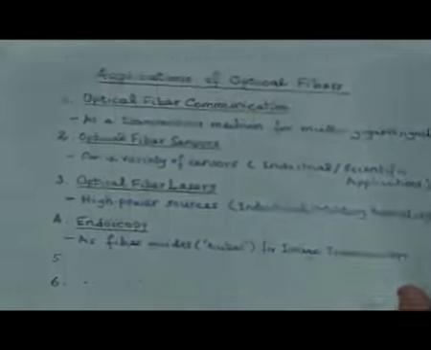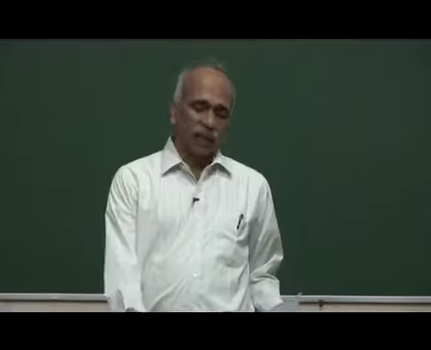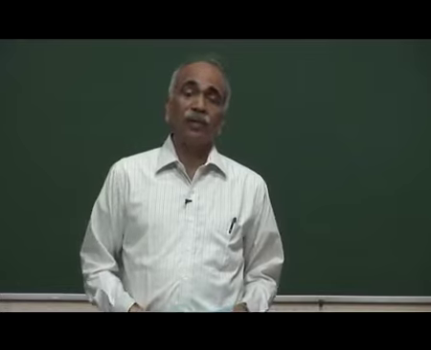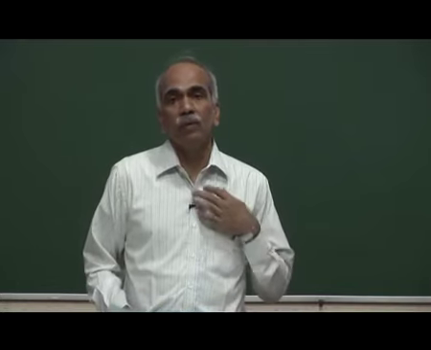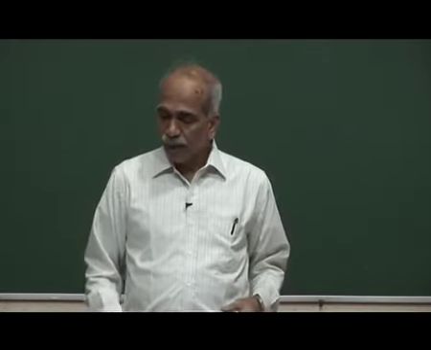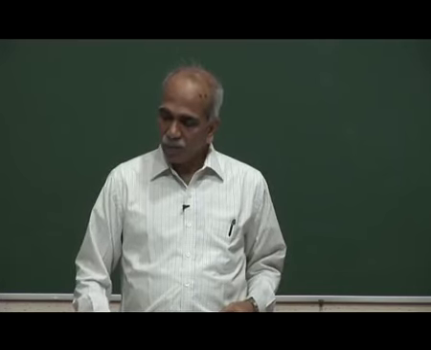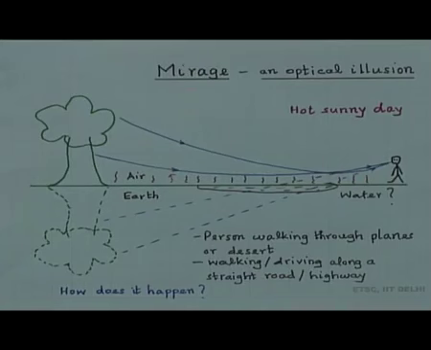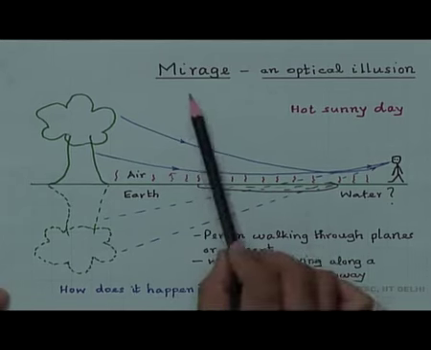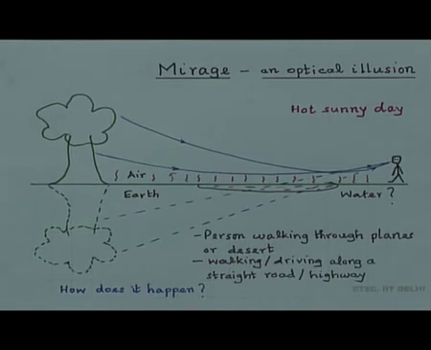Let me now come to a naturally occurring phenomenon where we observe mirage. So, what is a mirage? Mirage, an optical illusion. So, first I have shown here what is a mirage for those of you who are not familiar.